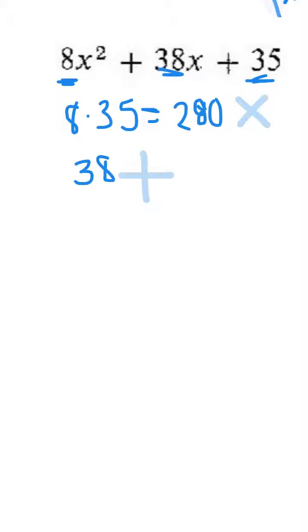All three terms in this case are positive, so we're looking for two numbers that multiply to 280 and add up to 38. The thing with big numbers like 280 is that nobody really knows all the factors of that off the top of their head. But we can think of some by looking at how we got that 280 in the first place. We got it from 8, which is 2 times 2 times 2, and from 35, which is 5 times 7.